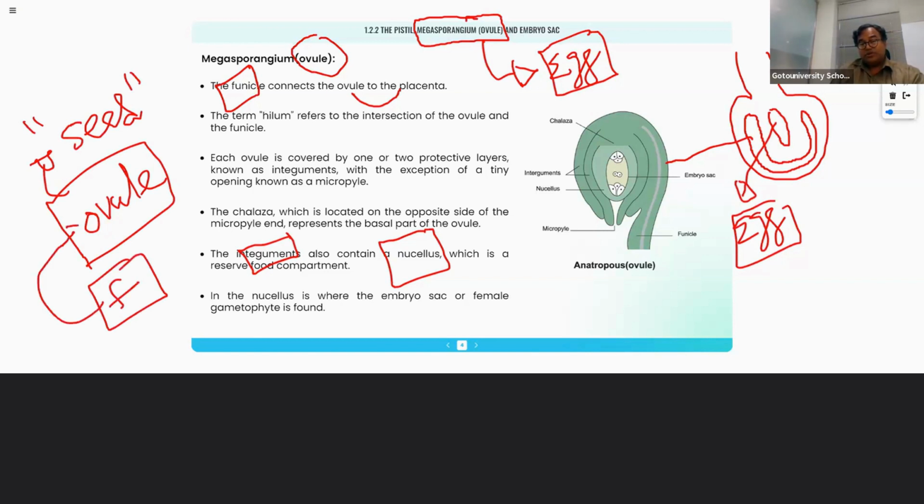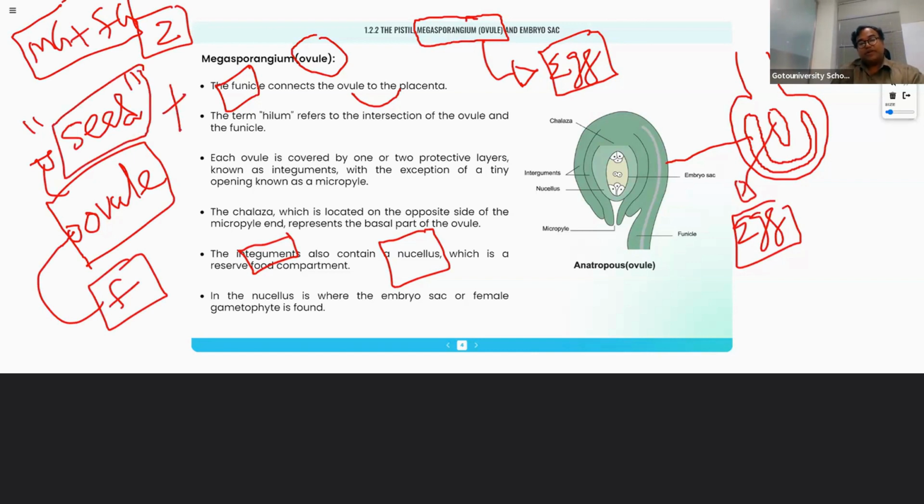Inside the ovule. What do you mean by fertilization? Male gamete and female gamete fusion make the zygote. This zygote, along with the ovule, is going to become the seed.